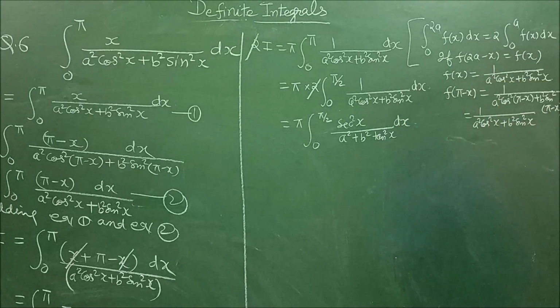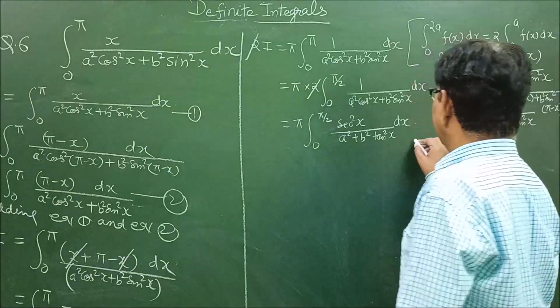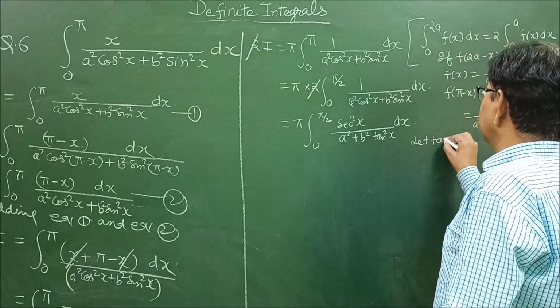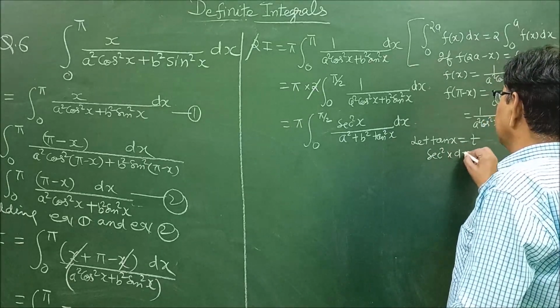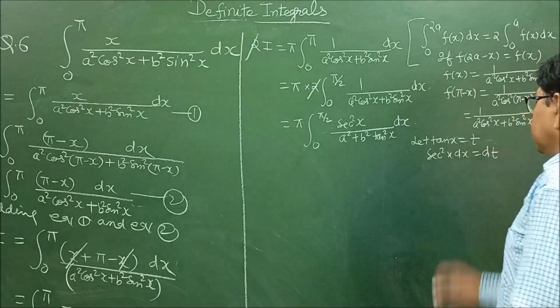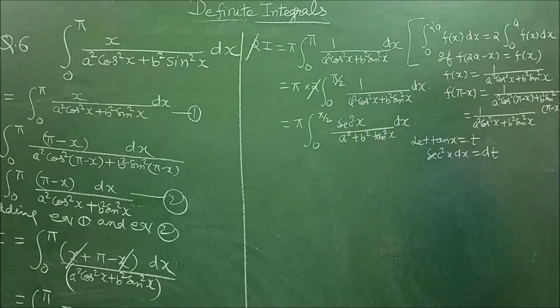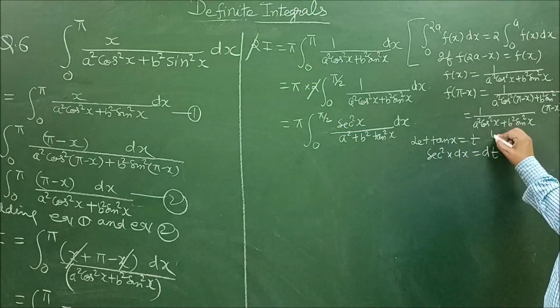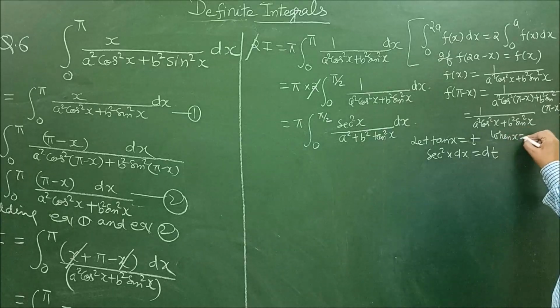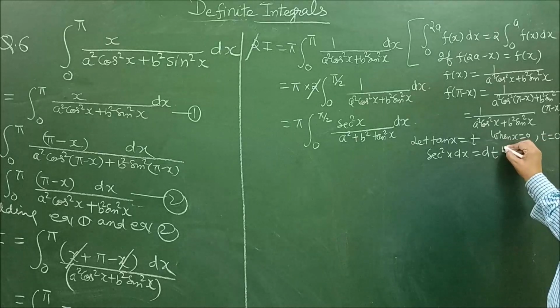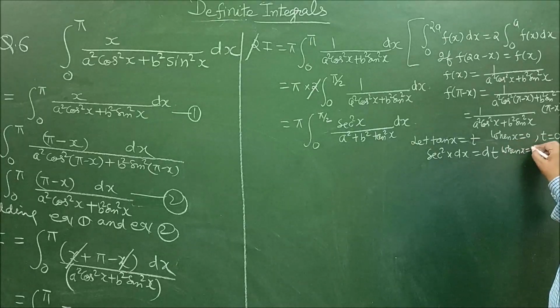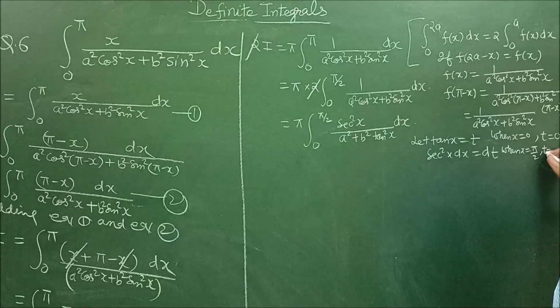Now let us take tan x is equal to t. So let tan x is equal to t. This gives us sec square x dx is equal to dt. And when changing the limits, when x is equal to 0, the value of t will be 0, and when x is equal to pi by 2, the value of t is equal to infinity, because tan pi by 2 is equal to infinity.